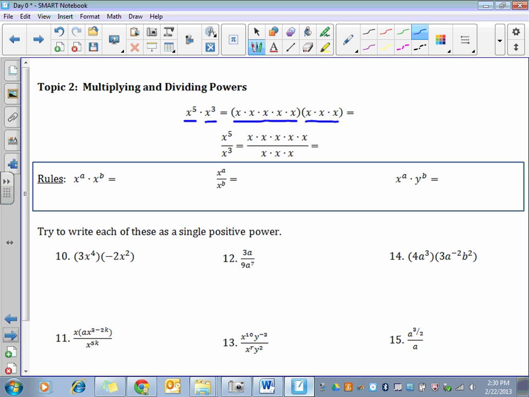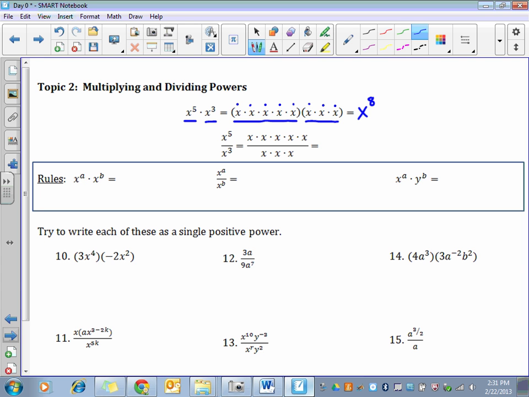If I counted up all of the times that I am multiplying x by itself, I would have 1, 2, 3, 4, 5, 6, 7, 8. So x to the fifth times x to the 3 power would really be x to the 8 power. And if you notice, we've added the powers, so the exponents. We've added 5 plus 3, that gave us 8.